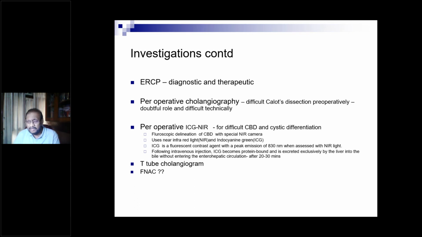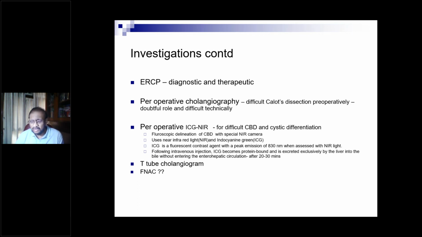And then a debatable role of FNAC. It is good if you want to look for liver mets, but just doing FNAC for a gallbladder lump suspected to be malignant is probably still not advisable. But ultrasound-guided or CT-guided FNAC of a lymph node, suspected to be a mets from a carcinoma gallbladder, is one thing which is being done, right?